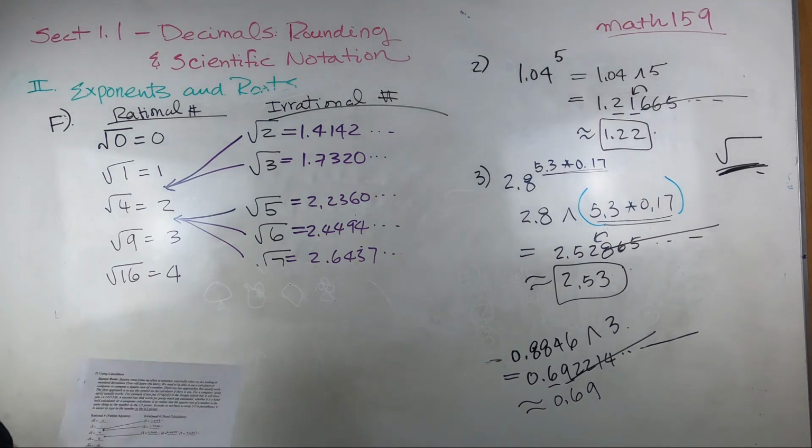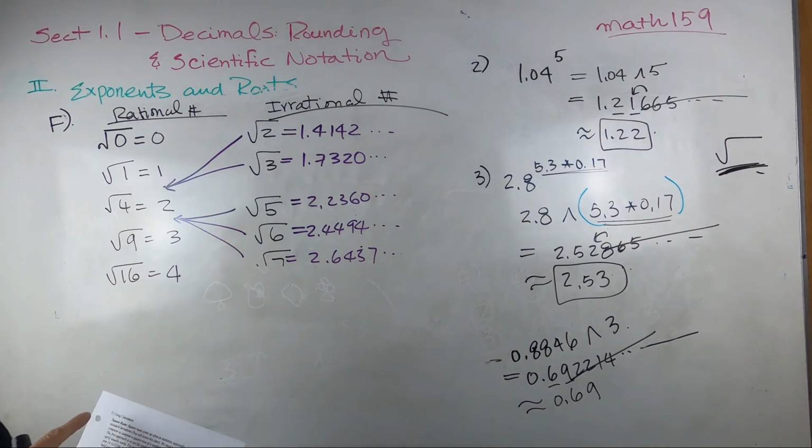Okay, look at your page 4 on the top. We talk about using calculators for the square roots. Square roots come up often in statistics, especially when we are looking at the standard deviation. You don't know what that is, standard deviation. Just a new term for you. You will learn this later.